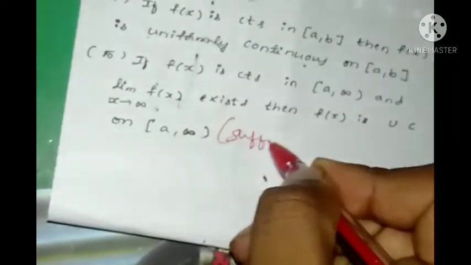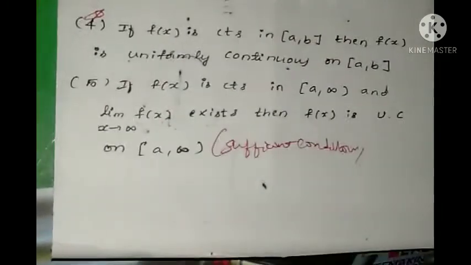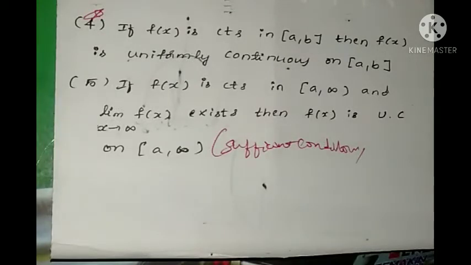If this condition holds, then we say uniformly continuous. If this condition does not hold, we can't say anything. We move on to the normal method and check by using the normal method.